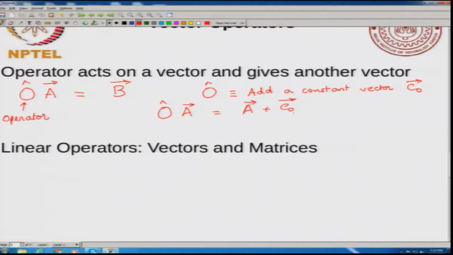For convenience I will call this O1. You could have many different kinds of operators.